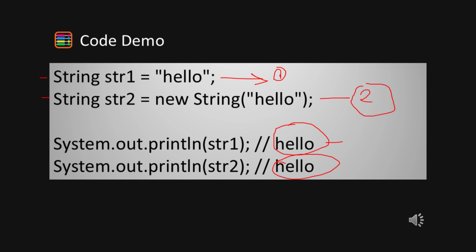Now the next slide: brief information about how to create a string in Java. First method is str1 and str2. Both are strings and both print the same text, but they are stored differently in memory. str1 is from the string pool, and str2 is a new object.